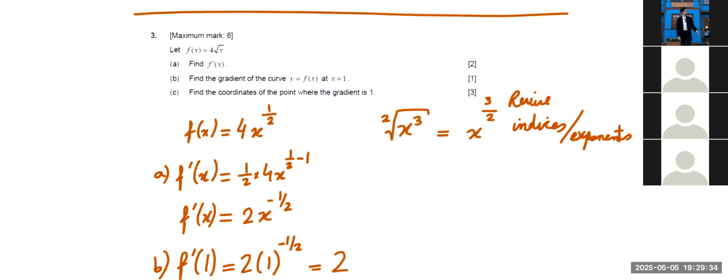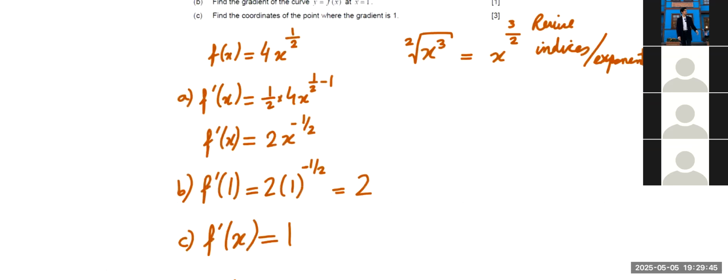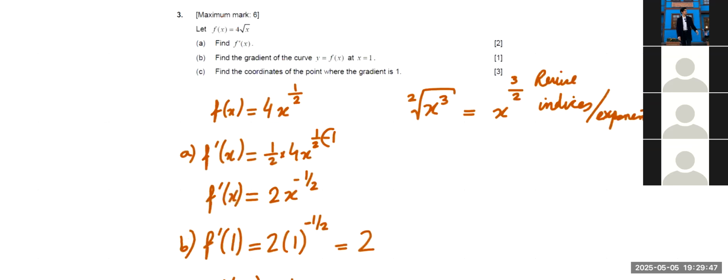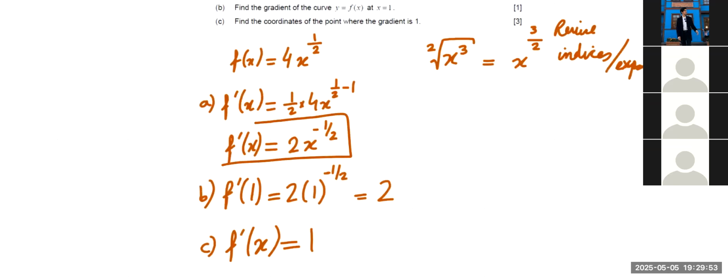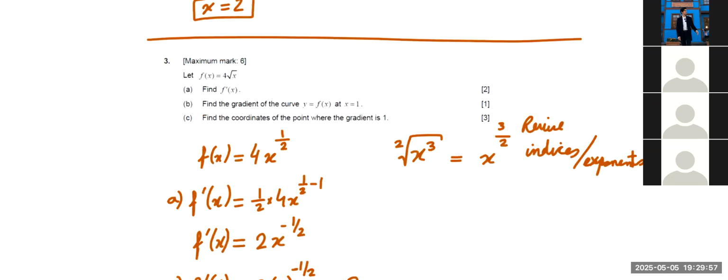Now, to find the derivative, all you have to do is multiply the whole thing by the power, so 1 over 2 times 4x, and then subtract 1 from the power, which gives you this. Remember, you're always subtracting 1 from the power. Multiply by the power and then subtract 1, always. So you get this as your derivative. That's the first part done. The second part says find the gradient when x is 1.